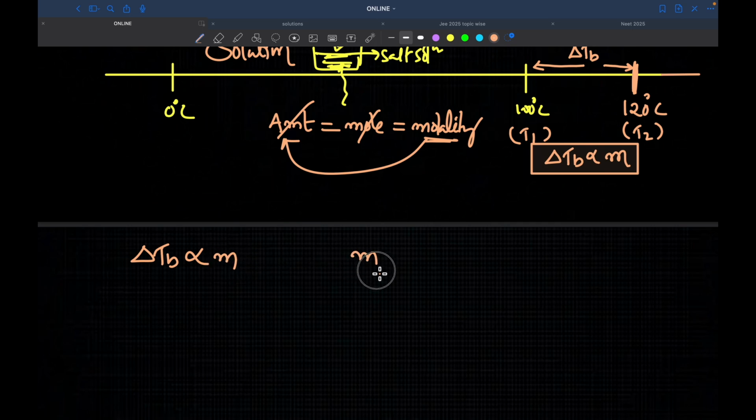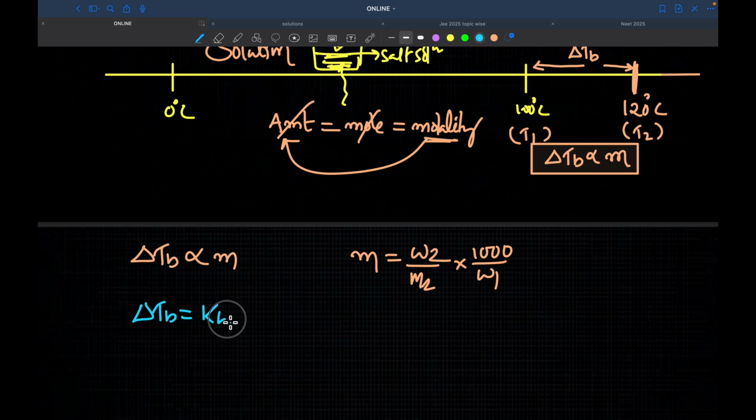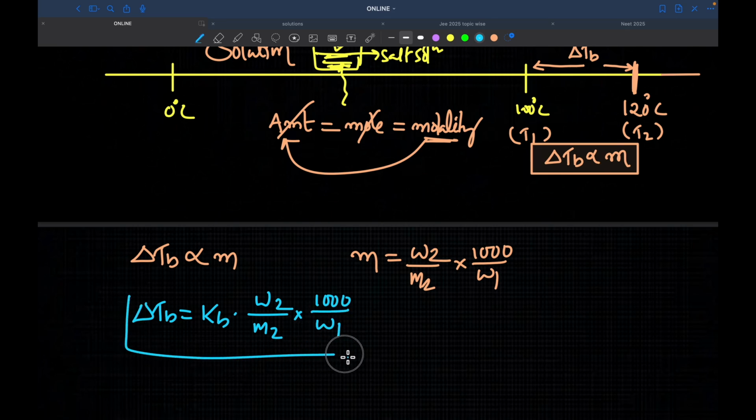But molality formula ఇంతమా, molality equals W2 by M2 into 1000 by W1. So we'll plug in here to get the final relation, right? But before that, we'll take a proportionality constant. So delta TB equals Kb into W2 by M2 into 1000 by W1. So this is the final form.